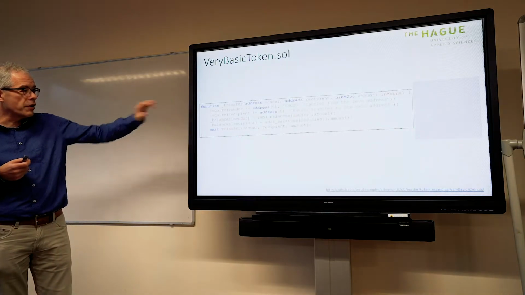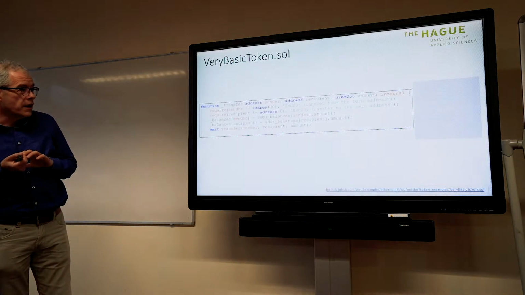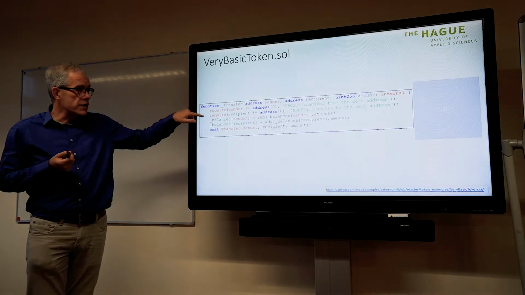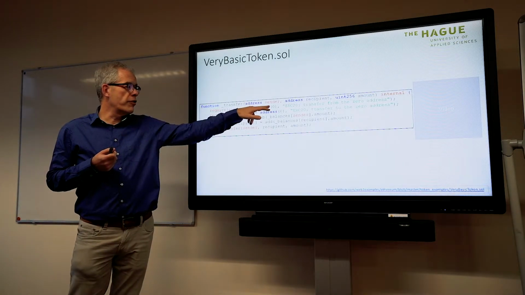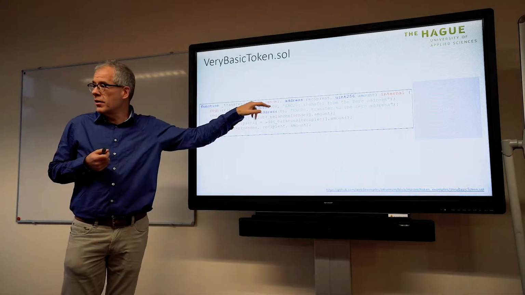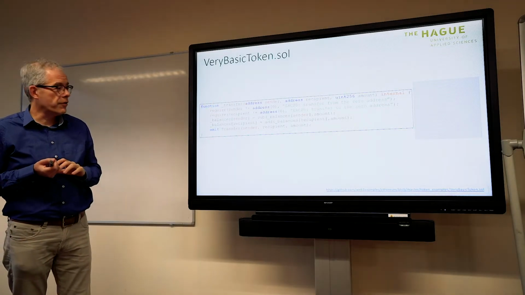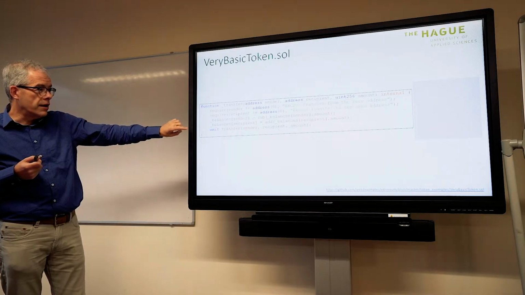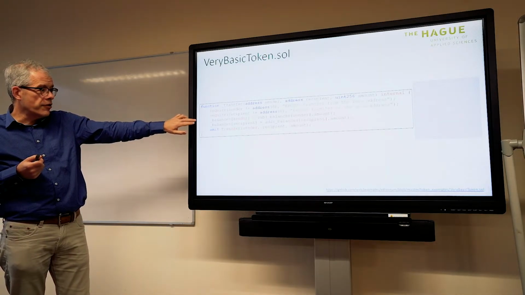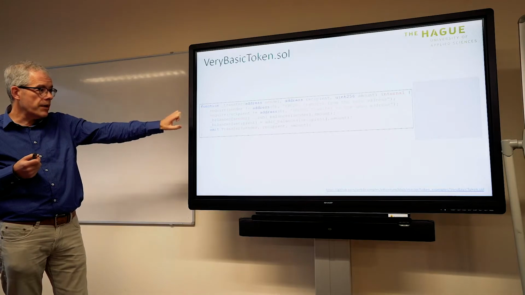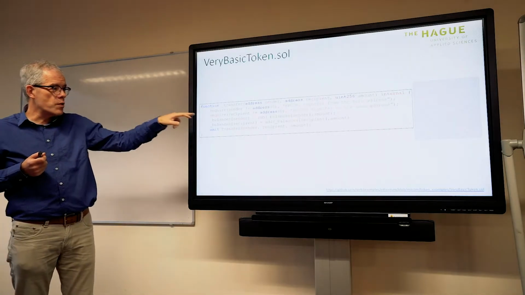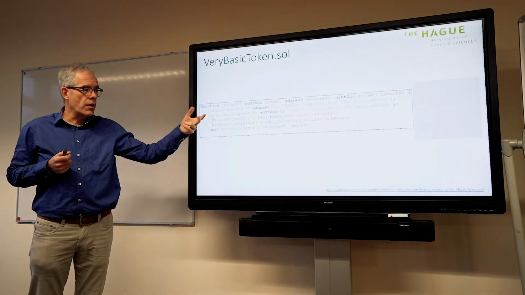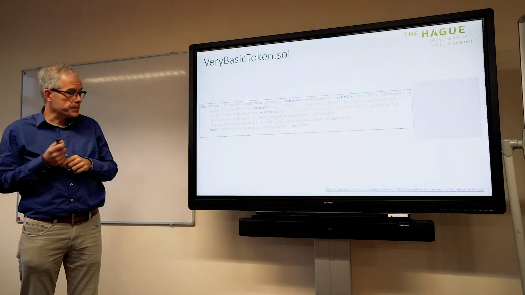Okay, but coming back to the transfer function. First, there are a few checks, so that it is not from a zero address or to a zero address, because then that's not of much use. Basically, there's just an array or a mapping which remembers which address has which number of tokens.